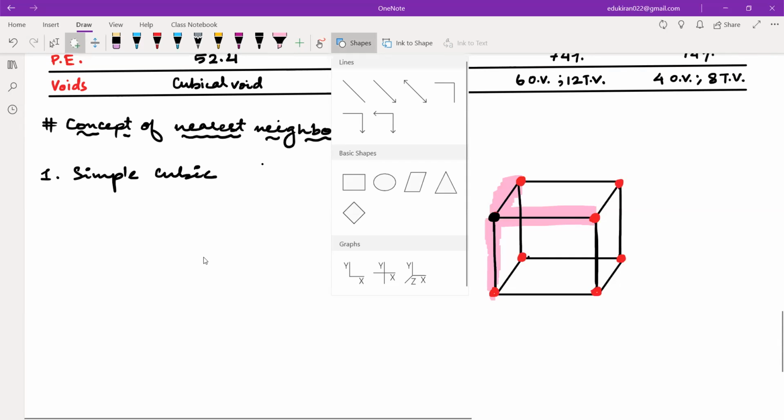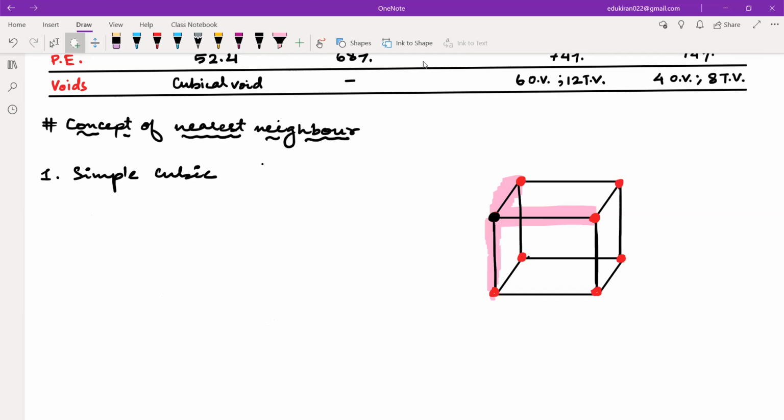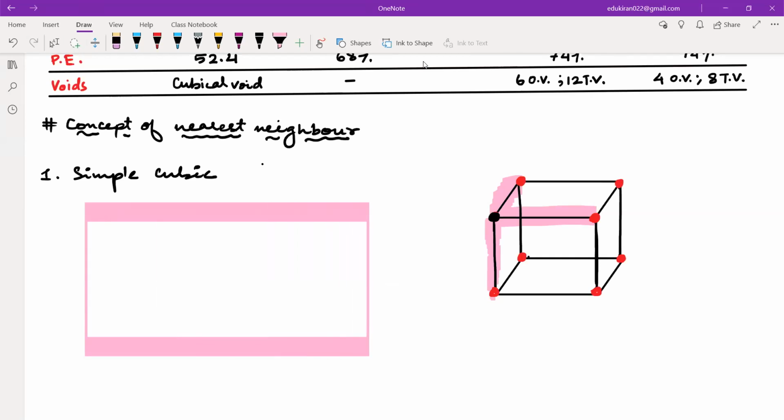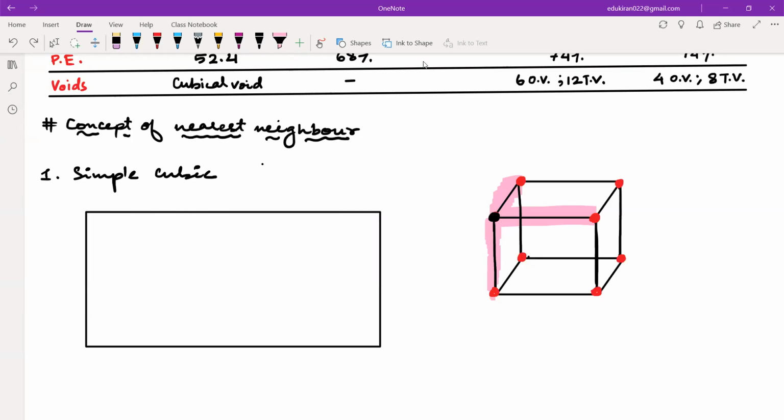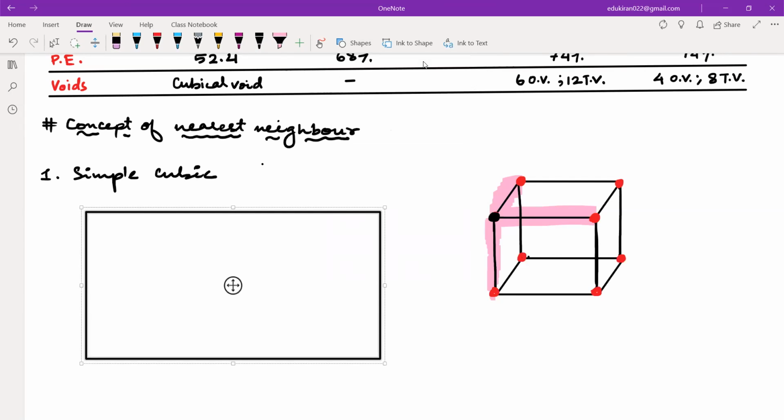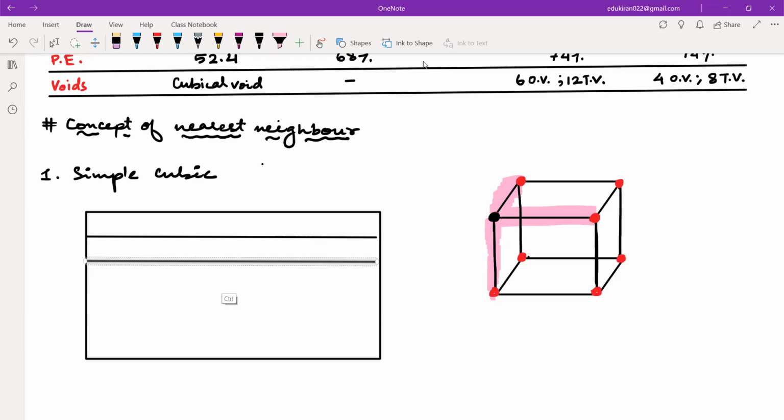So wait a second, let me make a chart. First neighbor, second neighbor, and third neighbor only there will be.